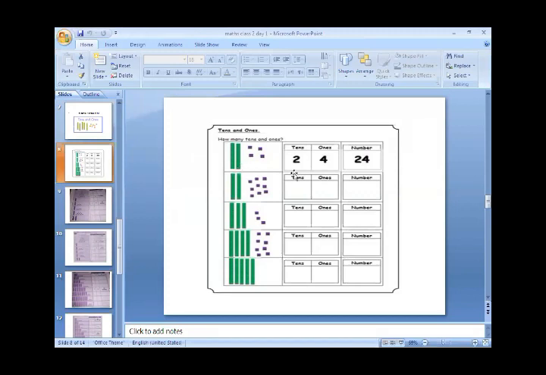So we write 2 at the tens place. Now count how many individual blocks there are. 1, 2, 3, 4. So there are 4 individual small blocks. Small blocks show the ones place, so we write 4 at the ones place. 2 tens and 4 ones makes number 24. So we write 24 in the number column.